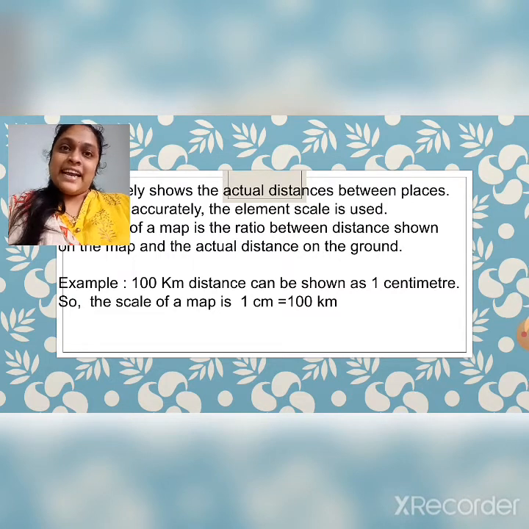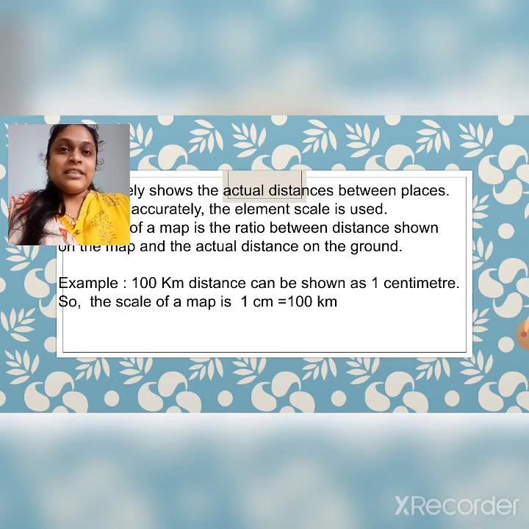The scale of a map is the ratio between the distance shown on the map and the actual distance on the ground. For example, if the distance between two cities is 100 kilometers, we will show it as 1 centimeter. That means the scale of the map is 1 centimeter equals 100 kilometers.